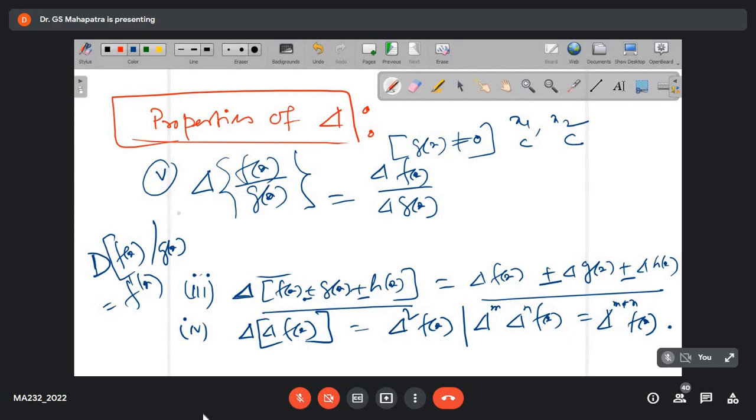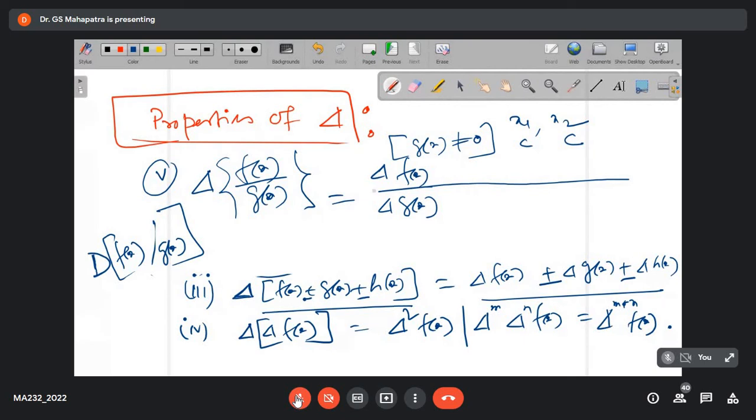What is the answer? No need to ask, you know that one. So it's not like differentiation of f of x upon differentiation of g of x. So here there is a little bit of difference.